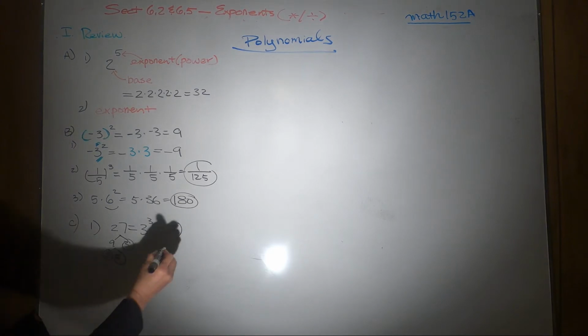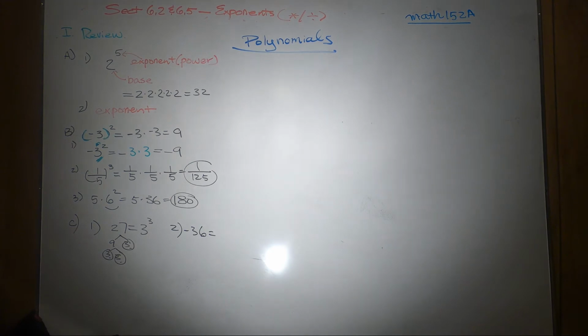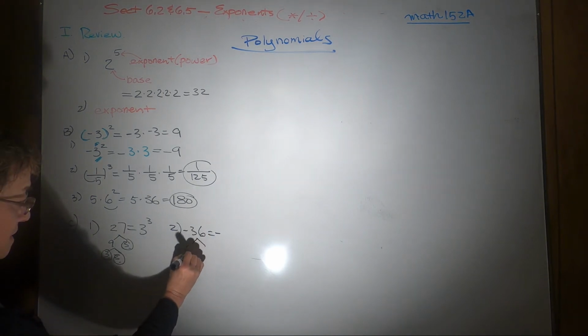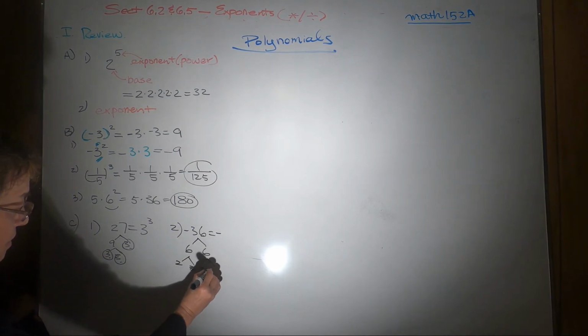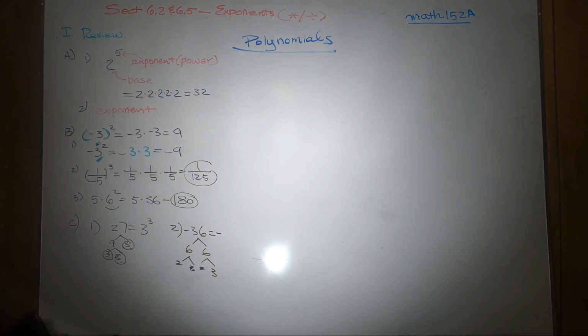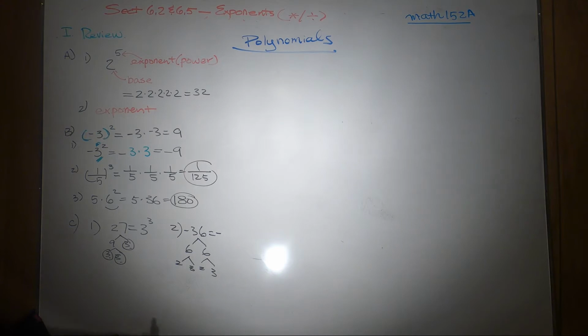If you have negative 36, what would you do? You keep the negative by itself, attached to the numbers behind it, right? So you break down this 36 into 6 and 6, you break down 6 into 2 and 3, 2 and 3, right? Those we call branches. And in the middle, we call them tree trunks, right?